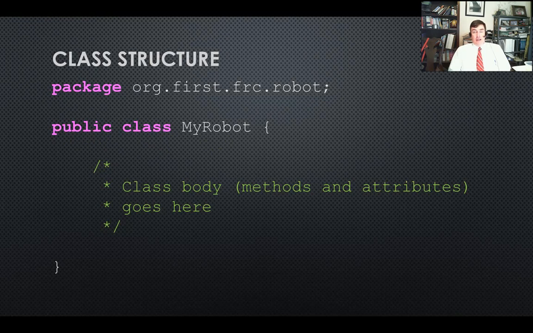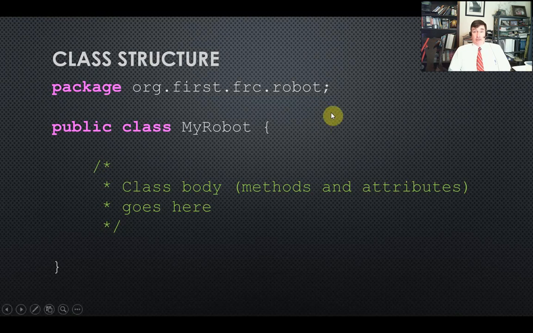The very first line of my class file would be the package, org.first.frc.robot. Packages tend to be your internet domain name in reverse order. So if my name is phantommentalists.com, which is the domain name for Team 2028, the Phantom Mentalists, the package would be com.phantommentalists.